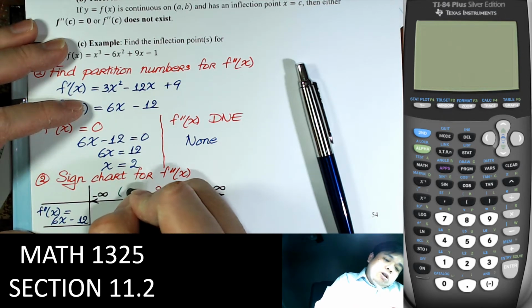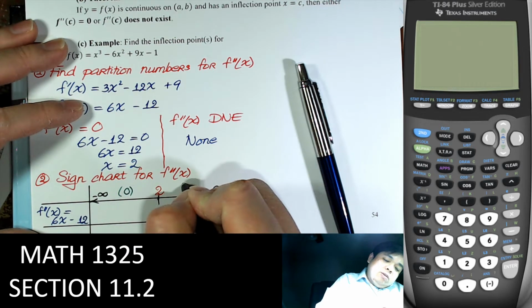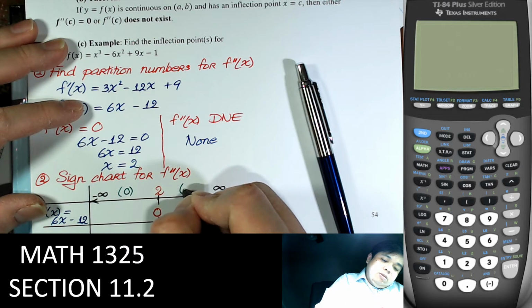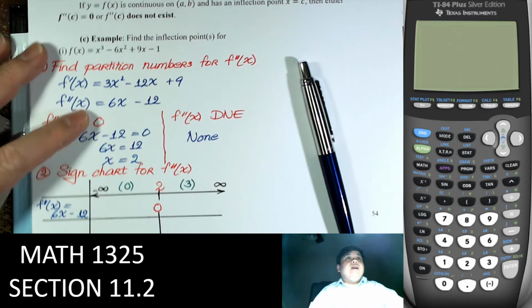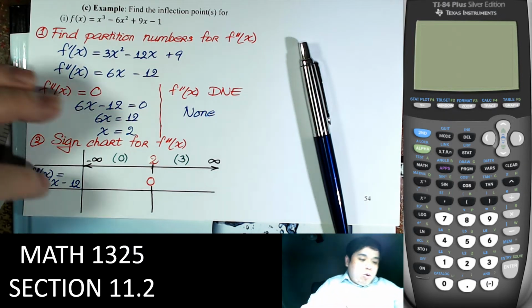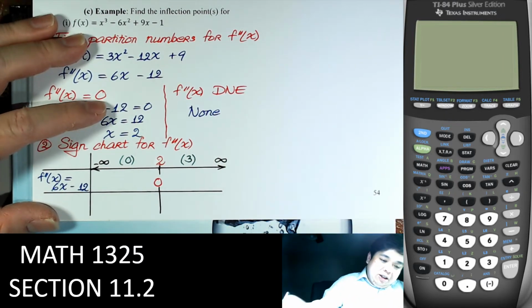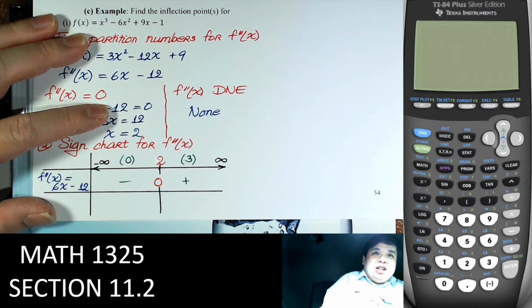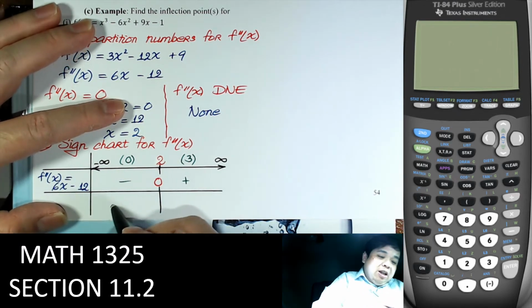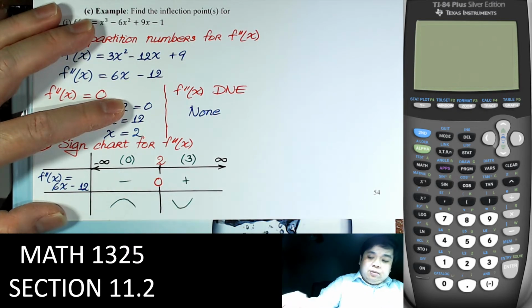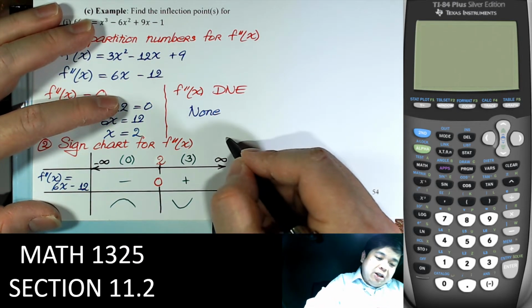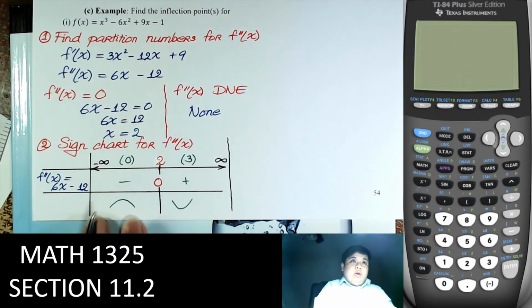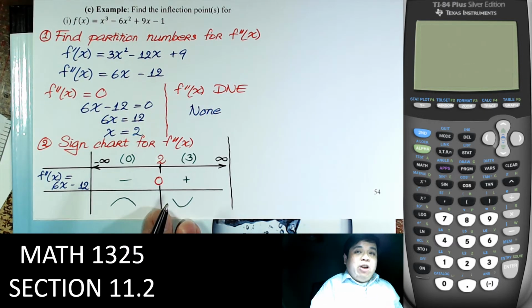We use a test point: put 0 in, it is negative, and put 3 in, it is positive. So we actually have a change in sign of the second derivative, meaning it changed the concavity. Right. So because the concavity changes, there is an inflection point at 2.